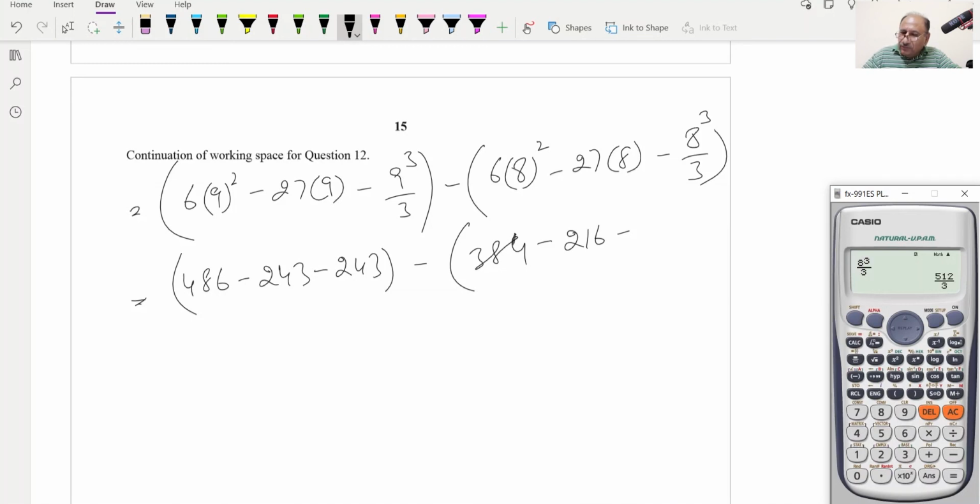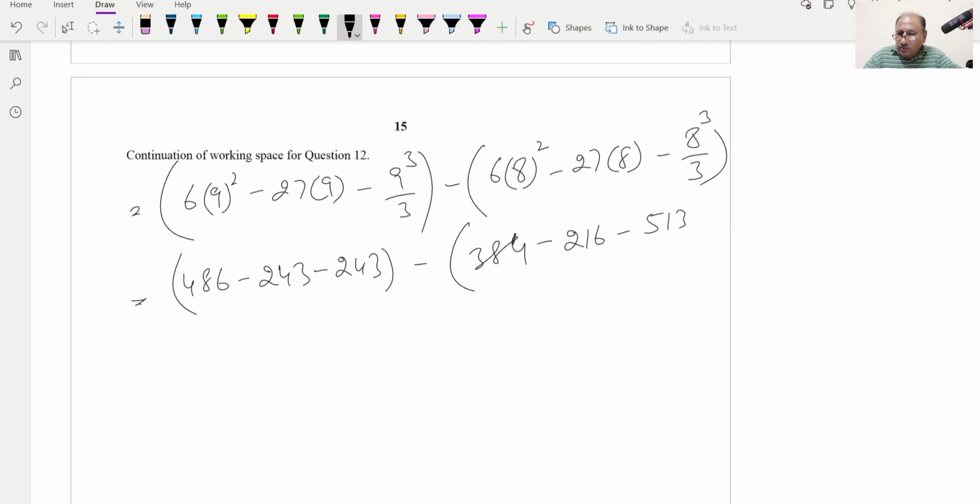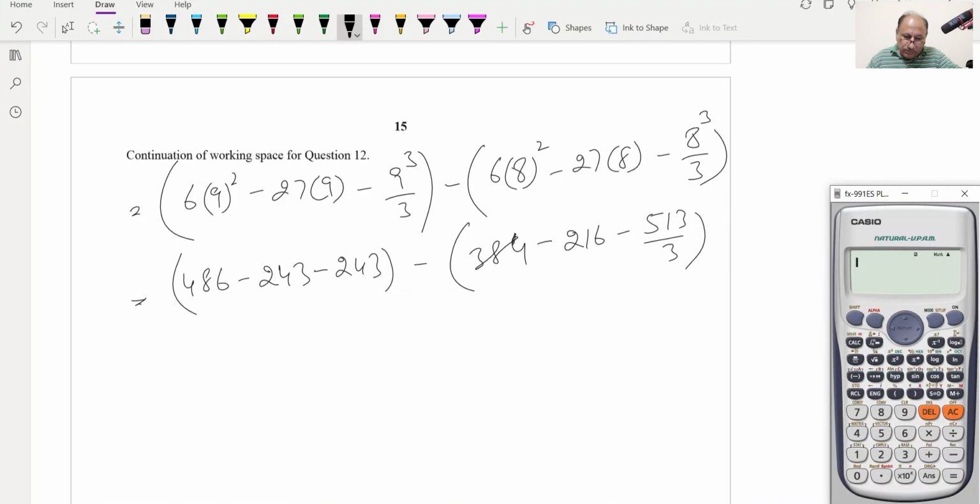And this will be 512 over 3. Now we can calculate this separately. 486 minus 243 minus 243 is equal to 0.